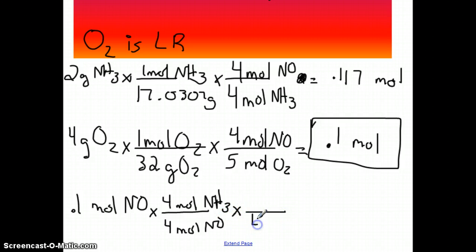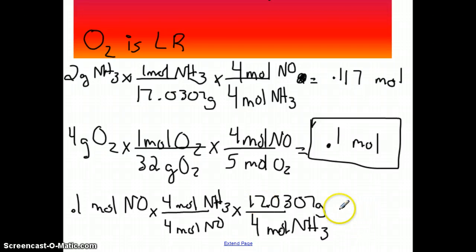Now we're going to do our molar mass of NH3, and we got 17.0307 grams. Calculate that out and you get 1.7 grams of NH3.